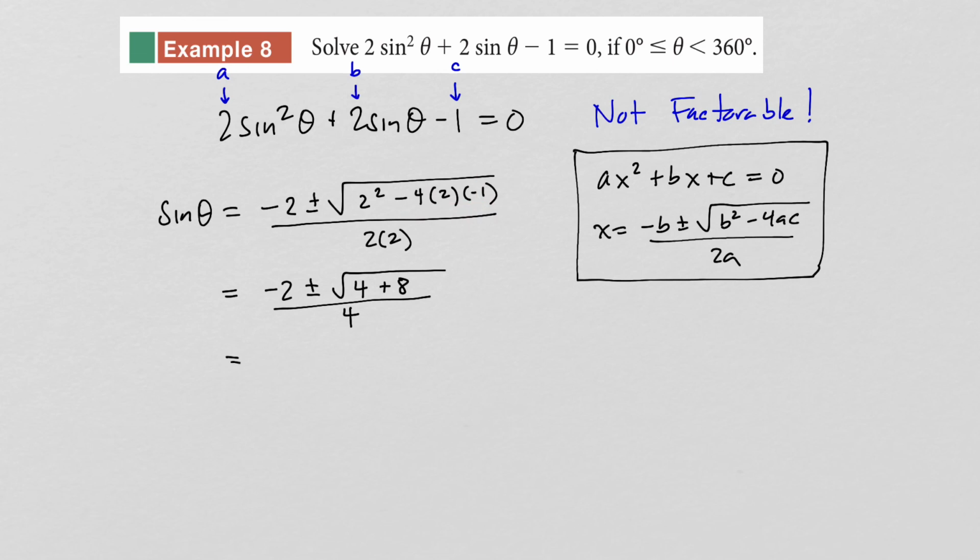Simplifying further, this is negative 2 plus or minus the square root of 12 divided by 4. And we can reduce this to say negative 2 plus or minus 2 radical 3 divided by 4. And if we cancel the common factor of 2 in the top and the bottom, we get negative 1 plus or minus radical 3 divided by 2.